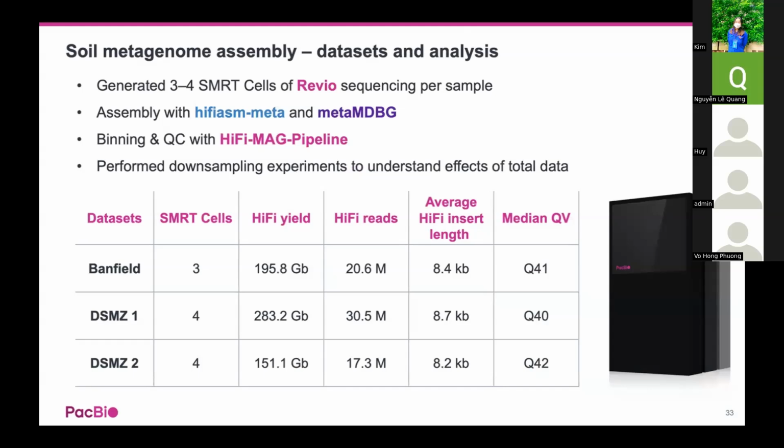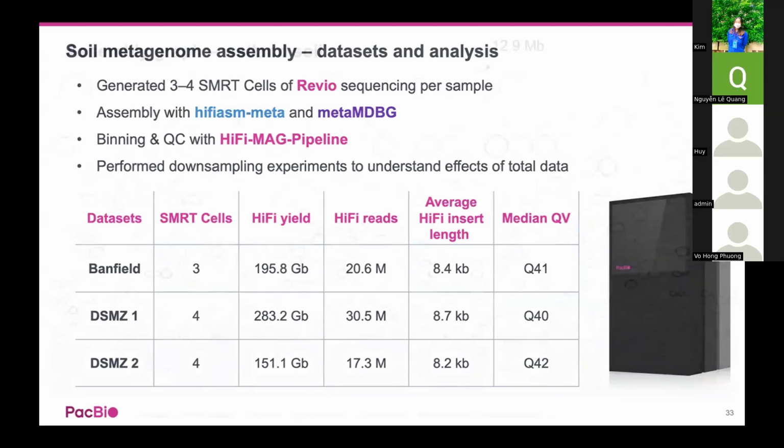And finally, we also performed downsampling experiments to understand various data levels and how many MAGs you can expect from those data. So here in this table, you can see we have about 200 gigs of data for the Banfield dataset. We have 280 gigs for DSMZ1 and 150 gigs for DSMZ2.